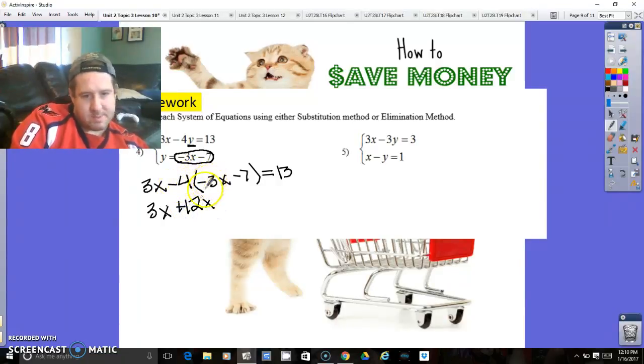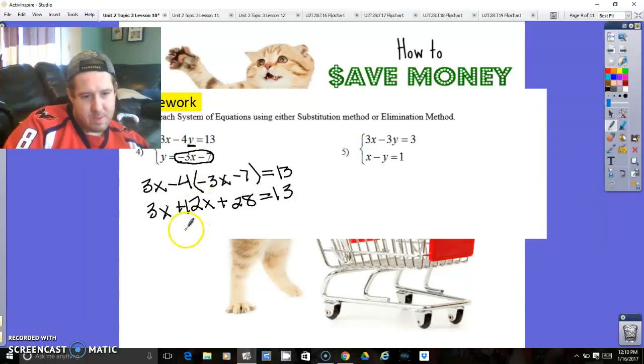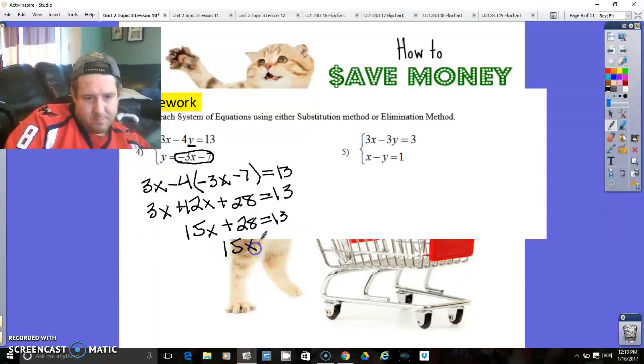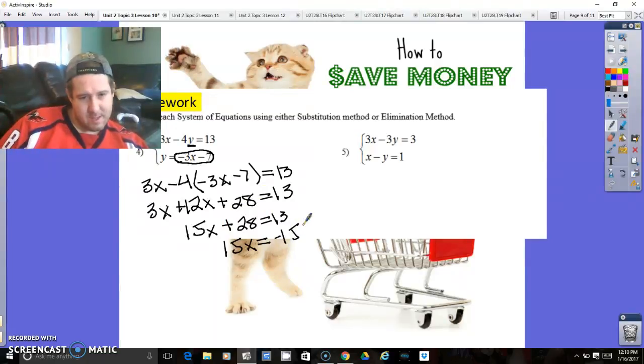It's plus because a negative times a negative is a positive, and a negative times a negative is another positive, so that's 28 equals 13. Combine like terms: 12x plus 3x makes 15x, plus 28 equals 13, and then subtract 28 from both sides. So that means 15x equals 13 minus 28, which I believe is negative 15, if I'm not mistaken.